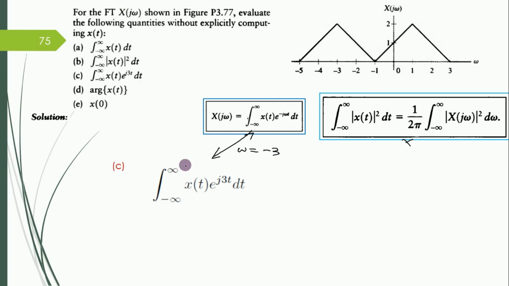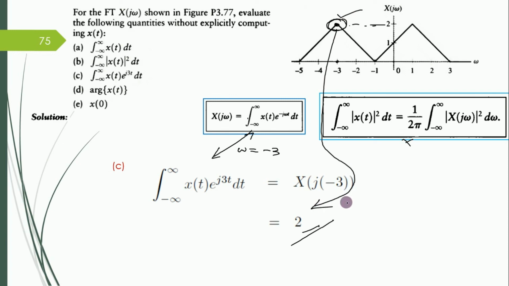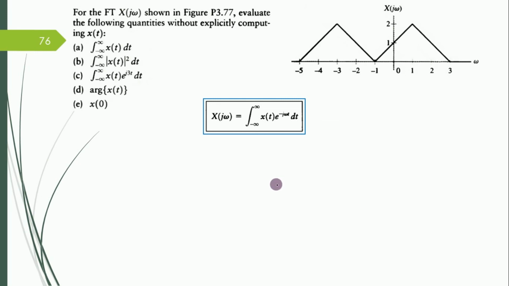That's it. So capital X of j minus 3. At minus 3, what is the value? The value is 2. So hence your answer is 2. This answer itself you need to write. That's it. Very simple.